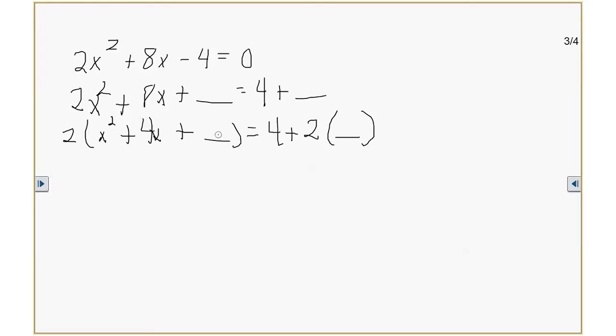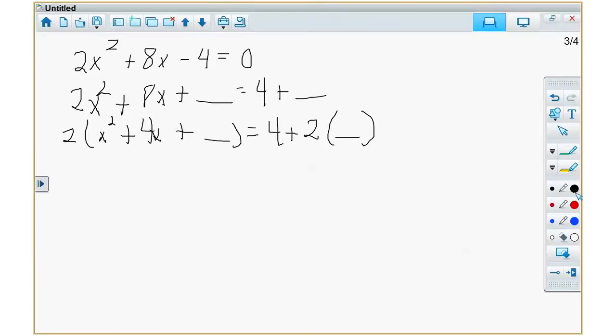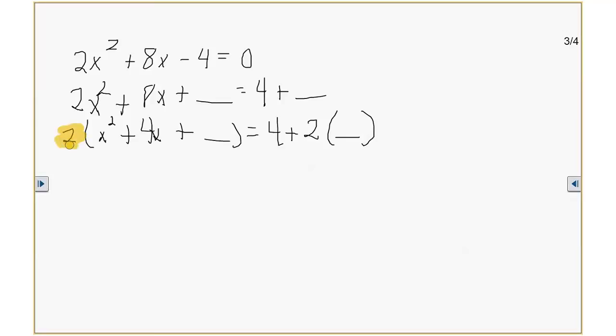Now, this is where you get into thinking about it too much. Don't think about it too much. Whatever you factor out over here, you multiply by this blank over here.